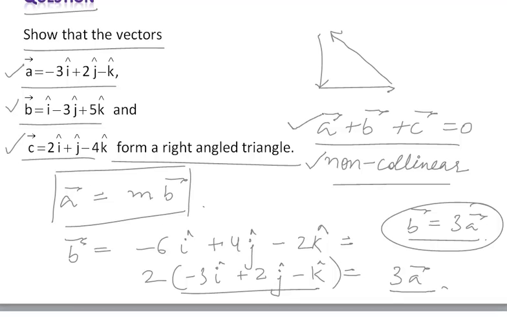Now let us check whether they meet this condition or not. A plus B plus C is equal to 0.